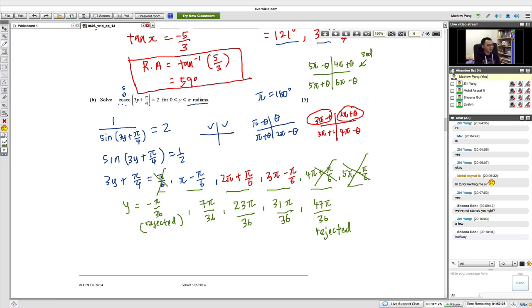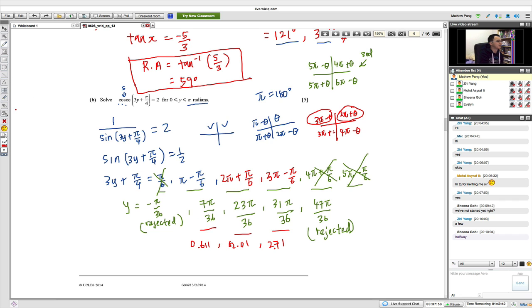So basically I have 3 answers here, 1, 2 and 3. If you want to write in decimal, it's okay also. This one will give you 0.611, this one will give you 2.01, and this one will give you 2.71.